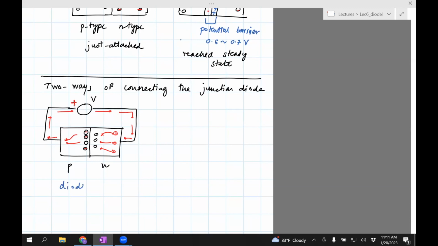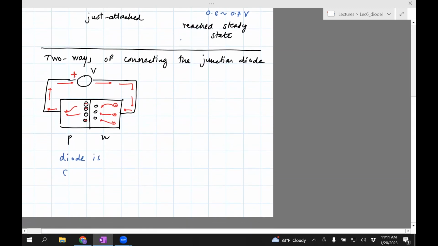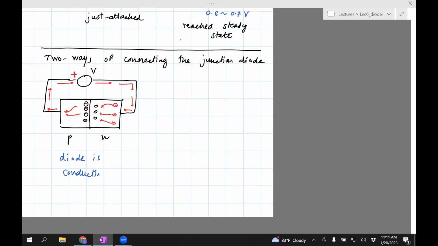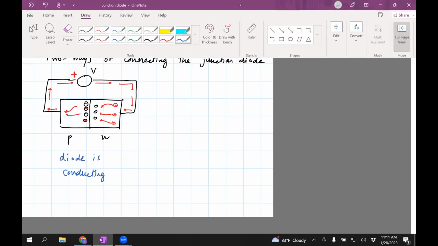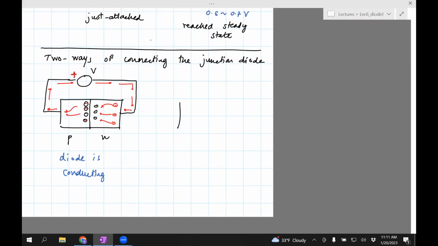So diode is conducting. Okay, now we can do the reverse, which is connect the battery the other way. So now this is connected to the negative. This is the positive.